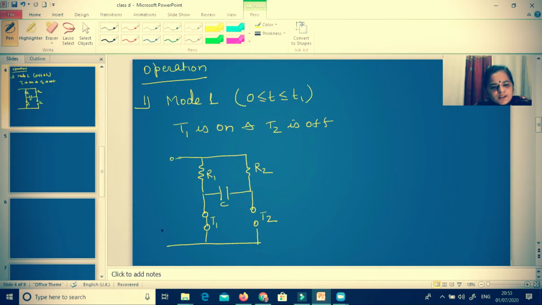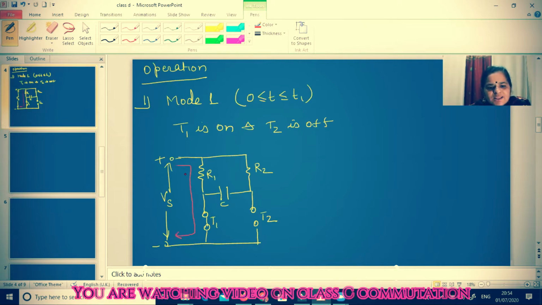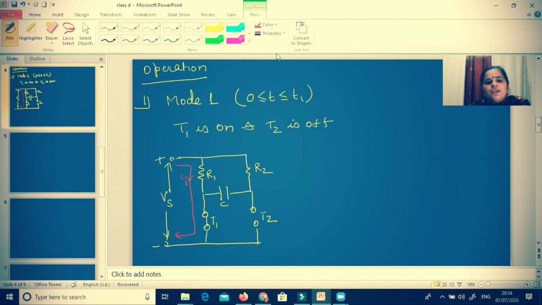And here the supply voltage is connected, that is Vs. This is plus, this is minus. Now under this condition, you can see there are two paths for the flow of current. One current can flow like this. As this current is passing through R1, I am representing it by I1.